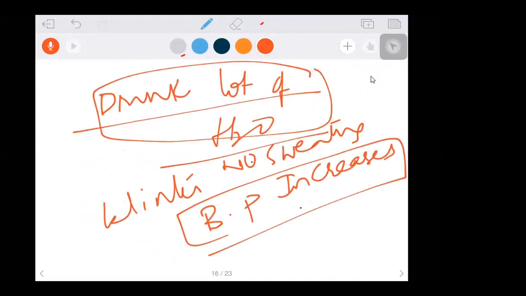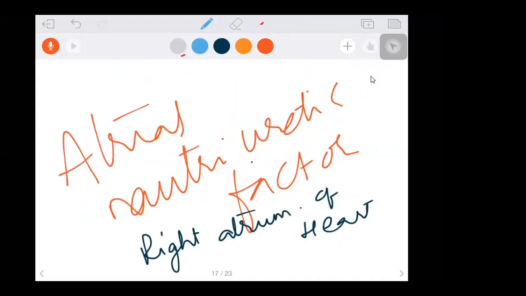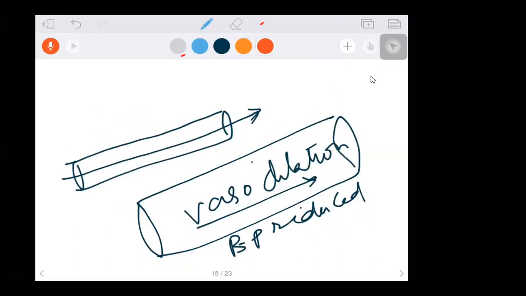Then the problem when you drink a lot of water, when water levels are increased in the blood and the blood becomes more diluted, what happens? Atrial natriuretic factor is released from the right atrium of the heart. What does it do? The problem at present is that blood pressure is increased, isn't it?